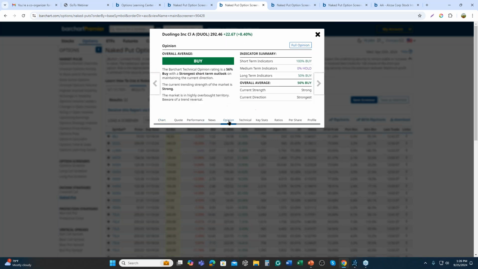Here it says opinion, and what this does is it breaks down the technical summary of short-term, medium-term, long-term technical indicators, and then an overall percentage. Again, remember, we want to have a stock that is either going to hold value or appreciate. So we're going to get a greater probability of that happening if I have a buy opinion.